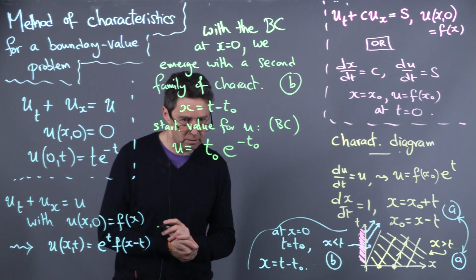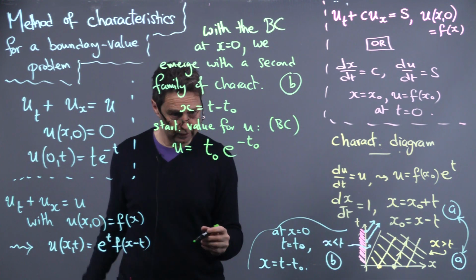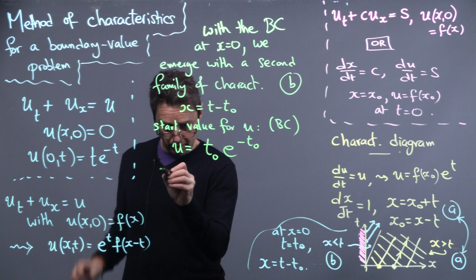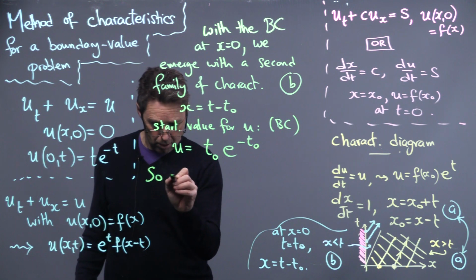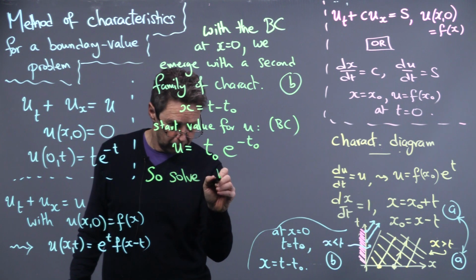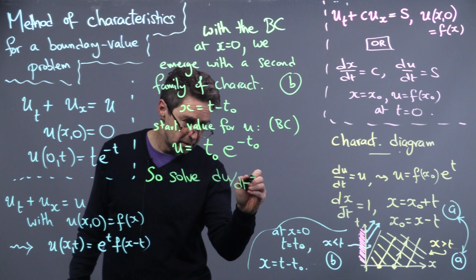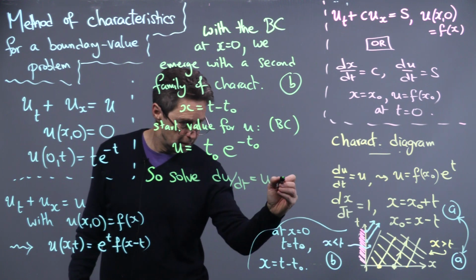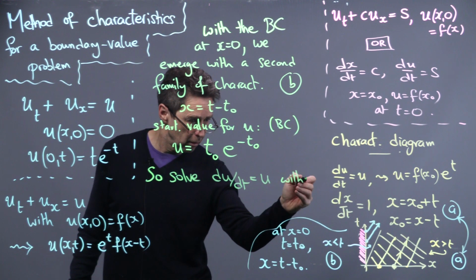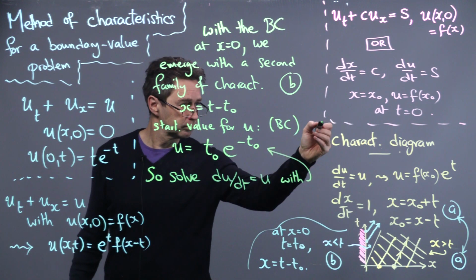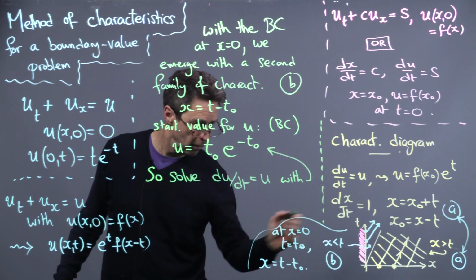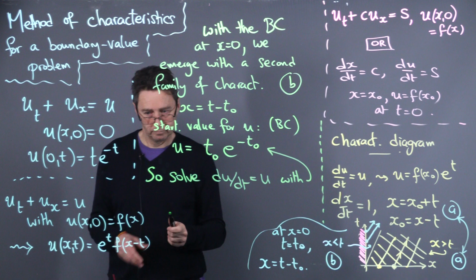So we'll just put the 0 on the t there. That's how we start things off. So we need to solve du/dt is equal to u with that.